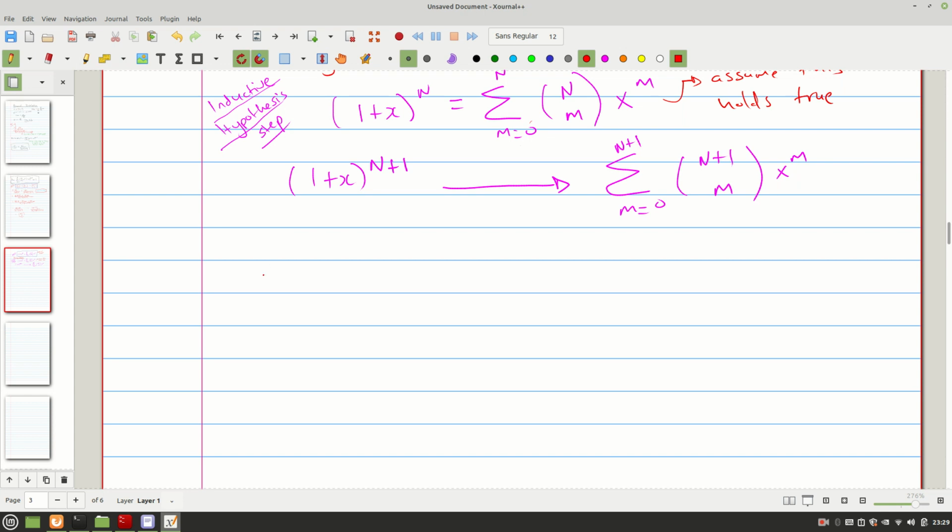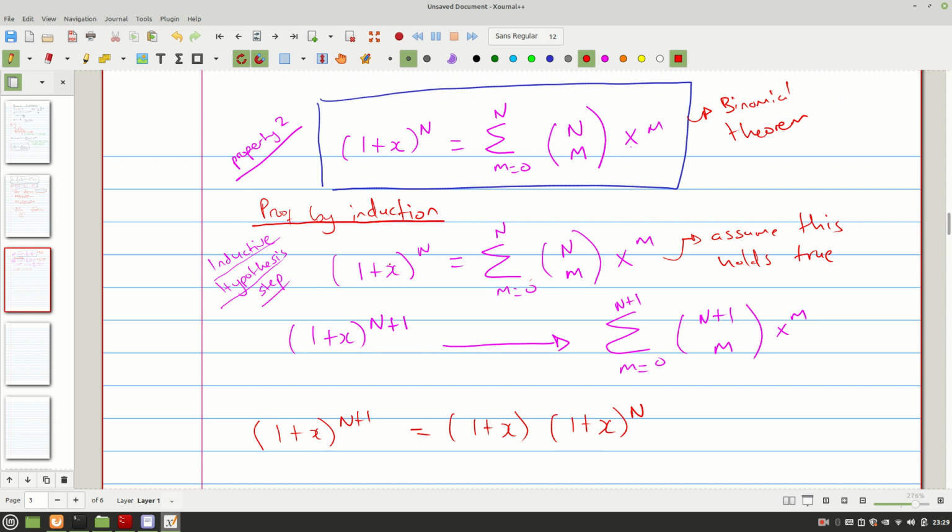Okay, so we know that 1 plus x to the n plus 1 is equal to 1 plus x times 1 plus x to the n, right? But we're assuming that 1 plus x to the n is true.